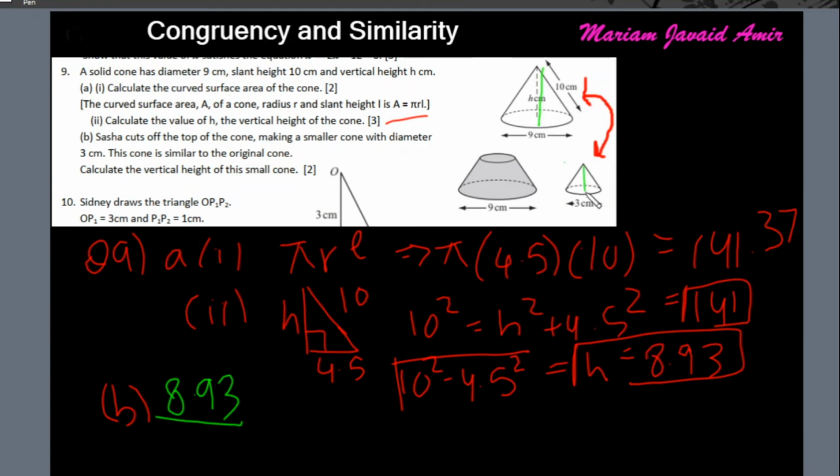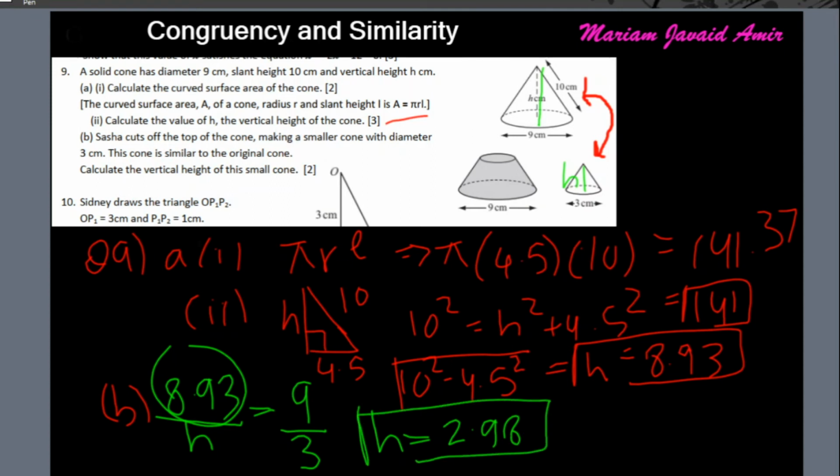We need the height of this, so h over 8.93 equals the diameter of the upper shape over the diameter of the lower shape. Cross multiply. I already have the unrounded value in my calculator, so I'll use that: answer times 3 divided by 9, and I get 2.976. So 2.98 is the final answer, correct to 3 significant figures.